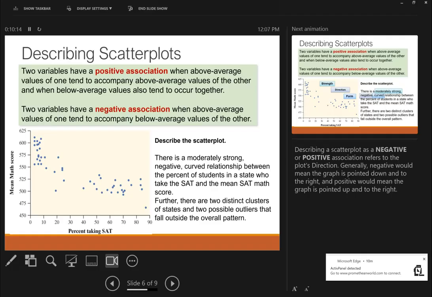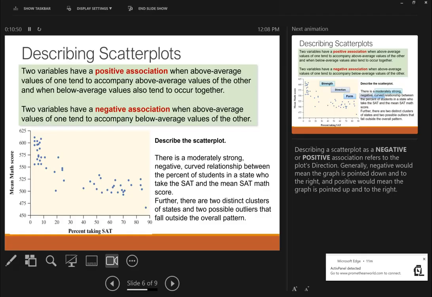The variables are strongly correlated, moderately strongly correlated, weakly, moderately weakly, or really no association between them at all. And the form will be your basic function shapes. So like linear, or quadratic, or exponential, or logarithmic, your basic function shapes that you would have talked about in your Algebra 2 and pre-calculus courses.